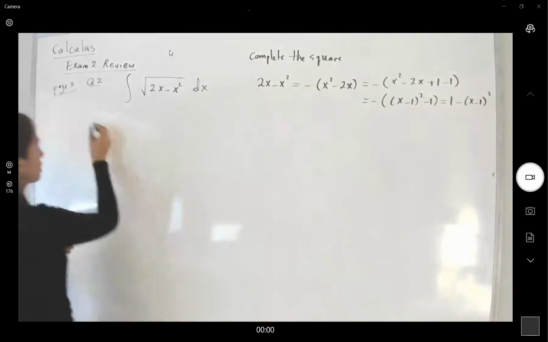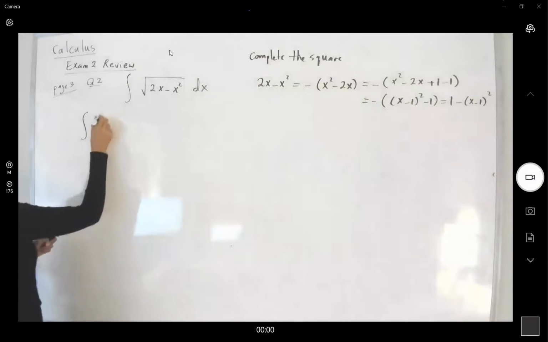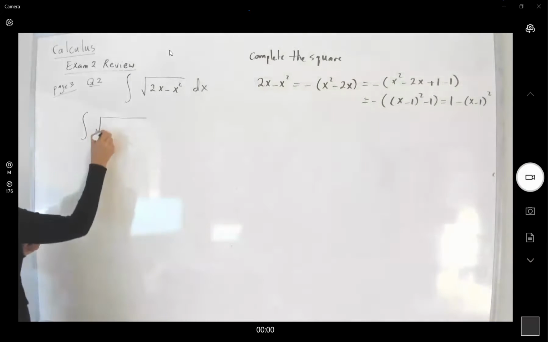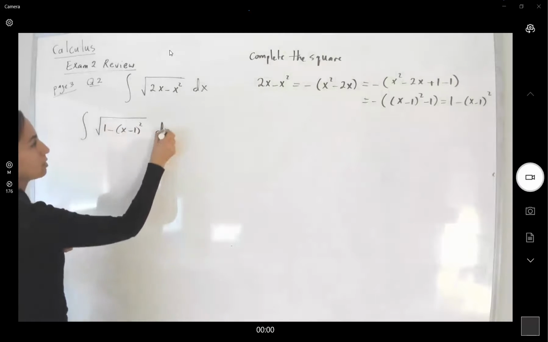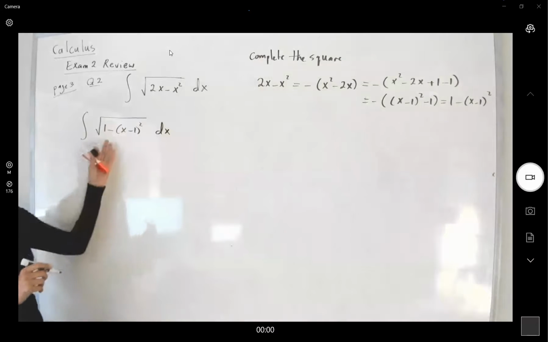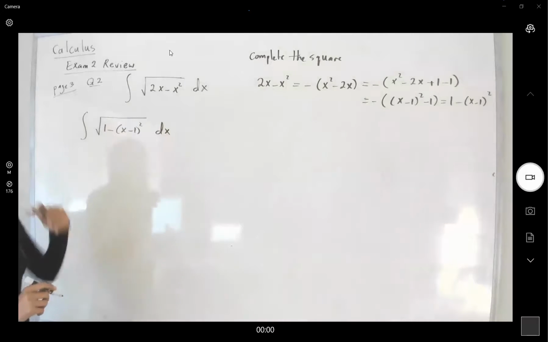So this is our integral, the integral of square root of 1 minus x minus 1 squared dx. In this case, we're going to use our trig substitution.